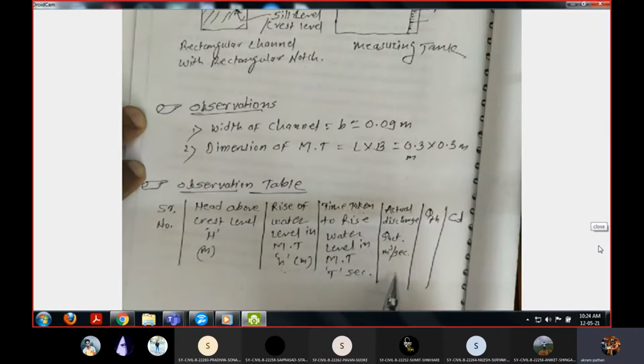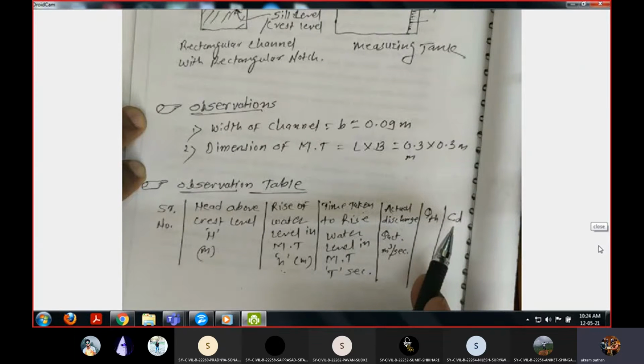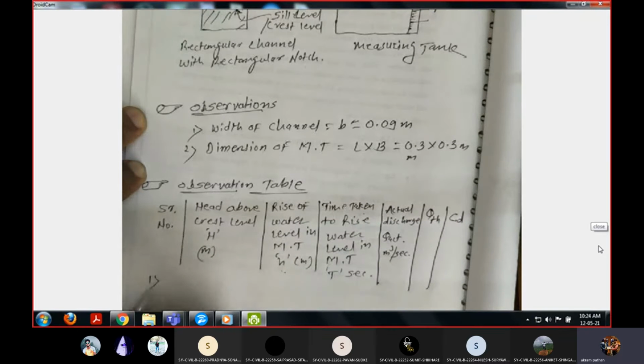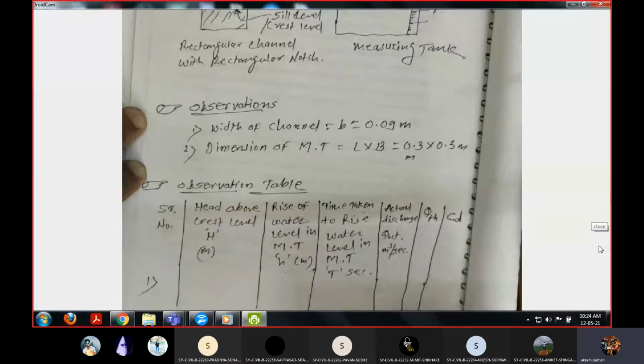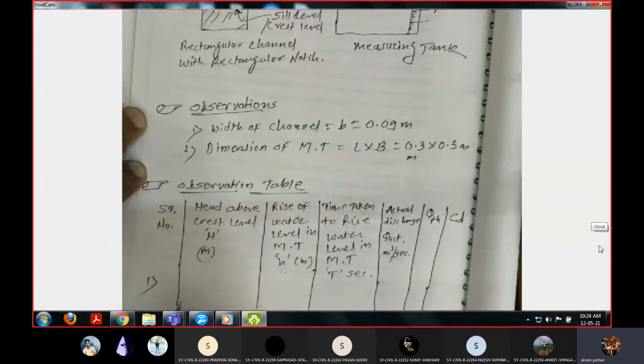Then we have to compute the actual discharge, the theoretical discharge, and the coefficient of discharge, CD. Okay, so let us understand this practical step by step, how we are going to conduct it.